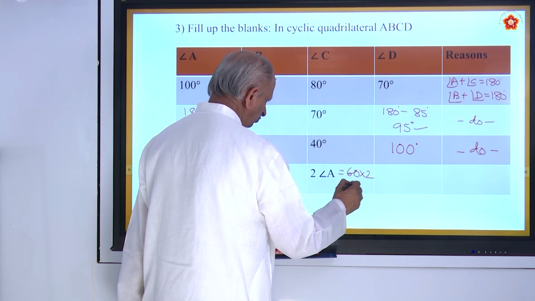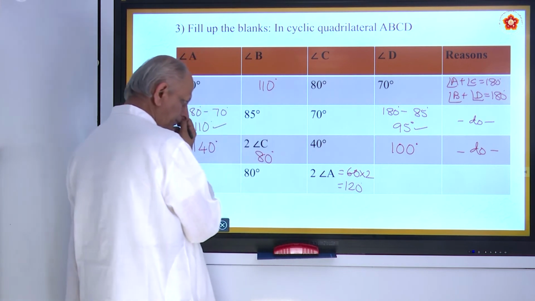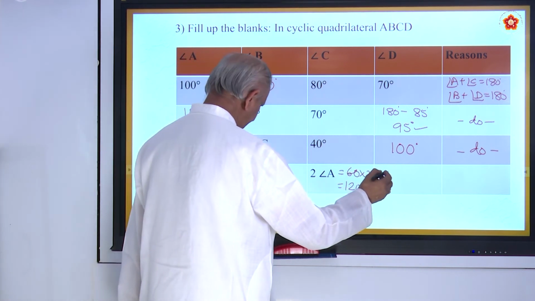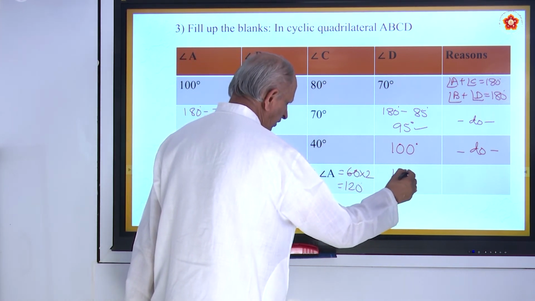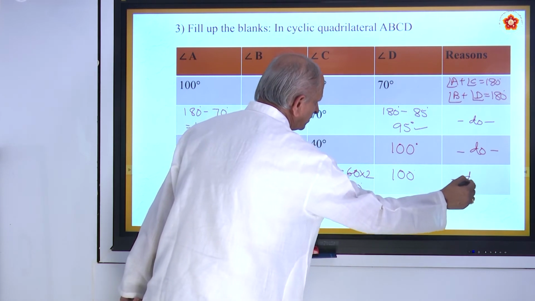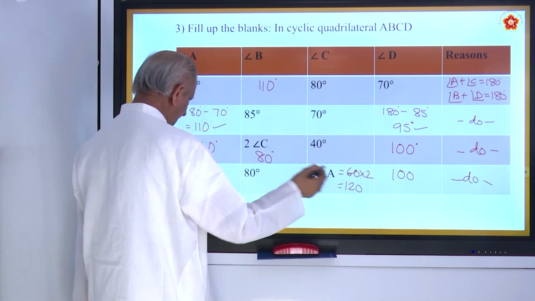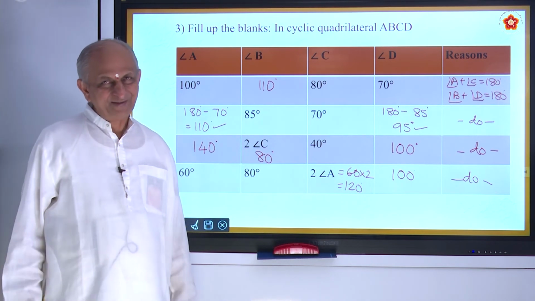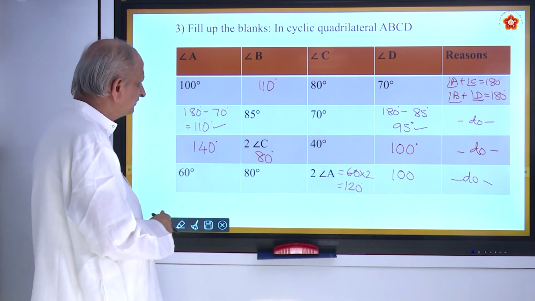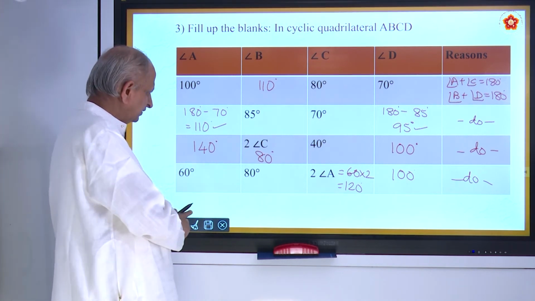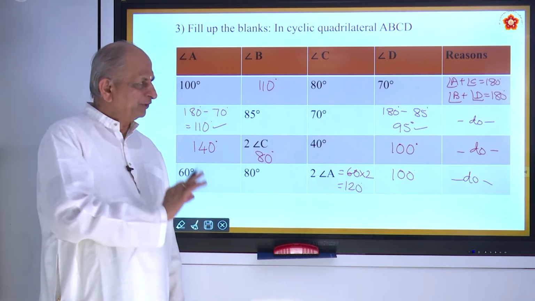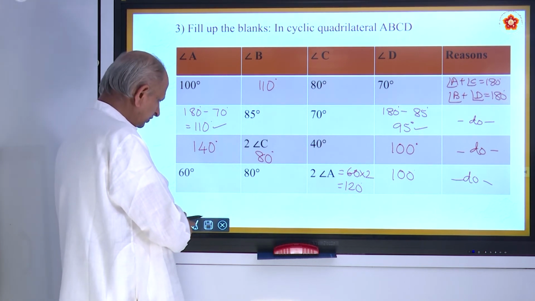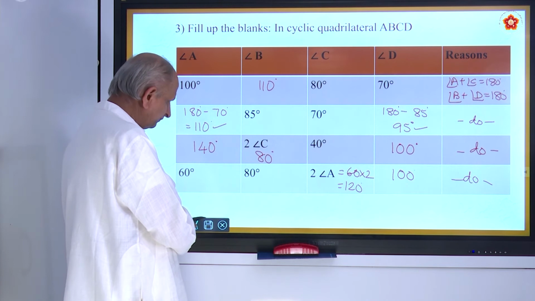It will be equal to 120. And this is 80. This will be 100. For the same reason. So this is 180. This is 180. Is it alright? Can you think of some more questions like that? Super. Definitely do it. So note down. So this is one kind of puzzle. If you are thorough with the theorem, you can solve all such problems, right? Shall we move on to next problem?